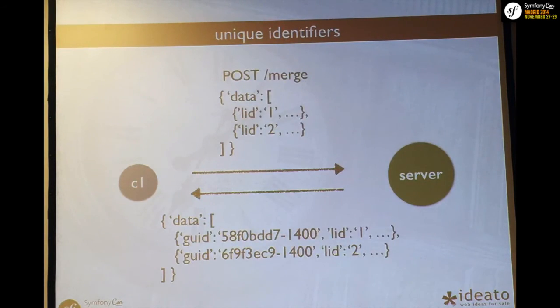Okay, here's an example. Basically, we are transferring two records with, as you may see, local identifier 1 and local identifier 2. The server saves this data on Mongo and then generates a globally unique identifier, and it responds back to the mobile client, which can update its own records.